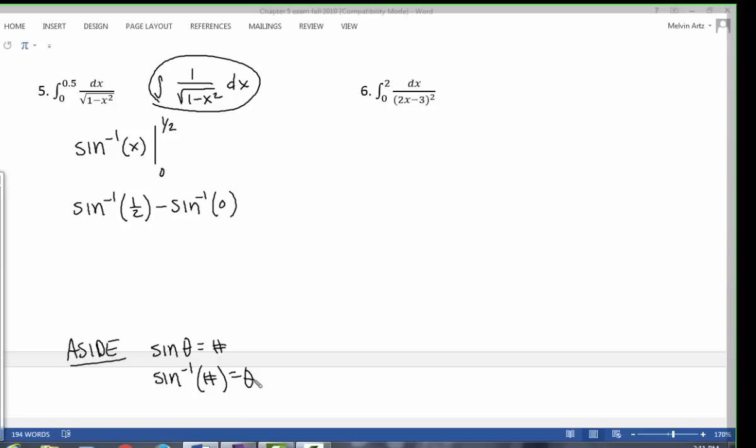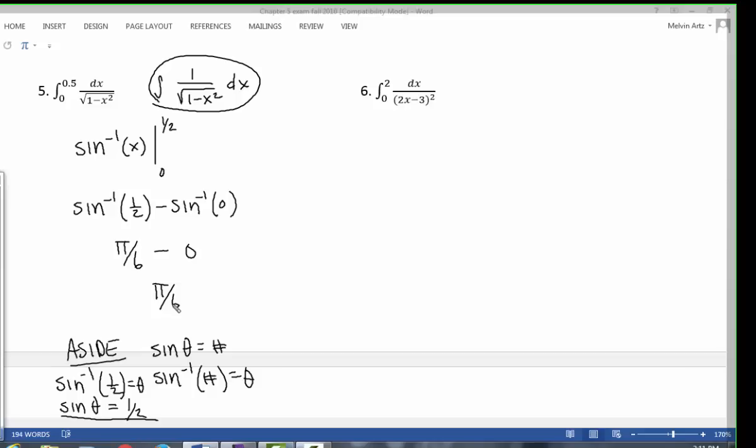So if we wanted to look at the sine inverse of 1/2 equals an angle, we could write it and say the sine of some angle equals a number 1/2. And then we can think about that and say, well, the sine of pi by 6 we know is 1/2. And then the sine inverse of 0 is 0. And the sine inverse is restricted between negative pi by 2 and pi by 2. So we only pick up pi by 6.